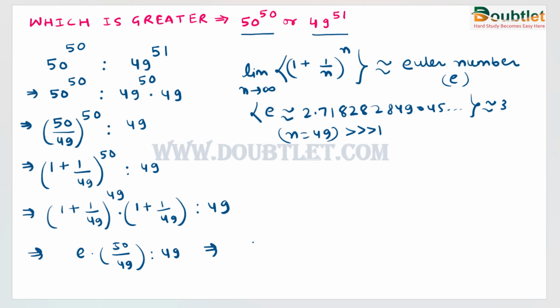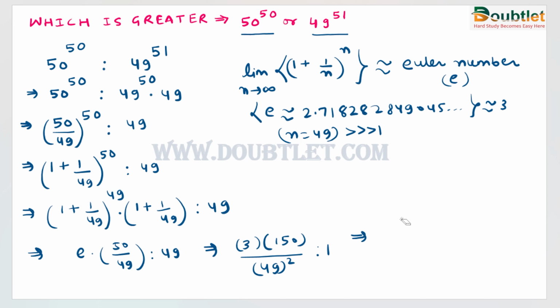Then on further solving, let's suppose the value of e is 3. So we can write this as 3 multiplied by 50, divided by, if we take this 49 to the other side, 49 squared.